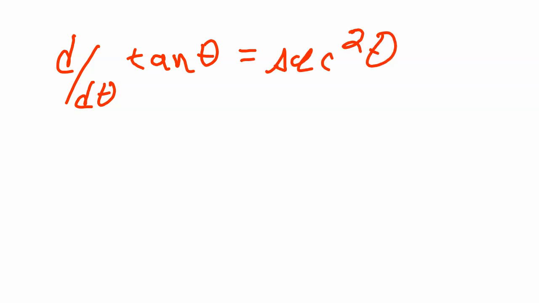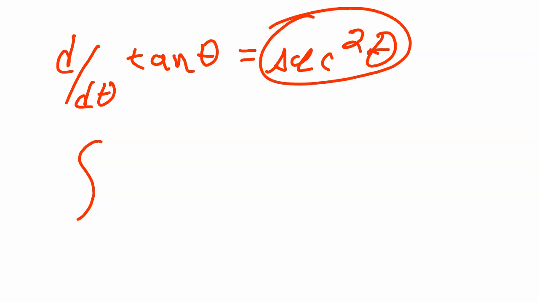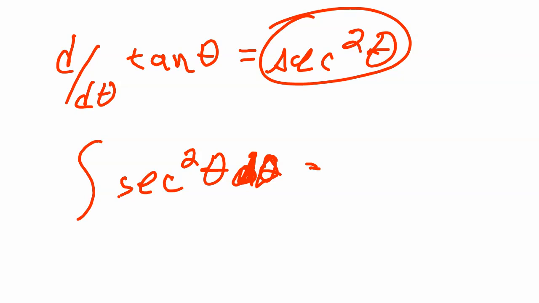If we know that the derivative with respect to theta, derivative of tangent is secant squared, right? So similarly, if I have the antiderivative of secant squared theta with respect to theta, my screen just jumps and gets big on me every once in a while. If I want this, then basically I can say, hey, the derivative of what is secant squared?